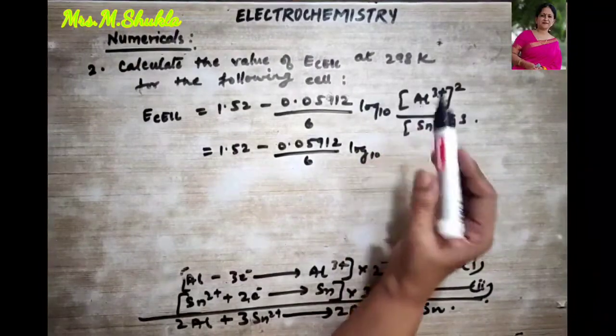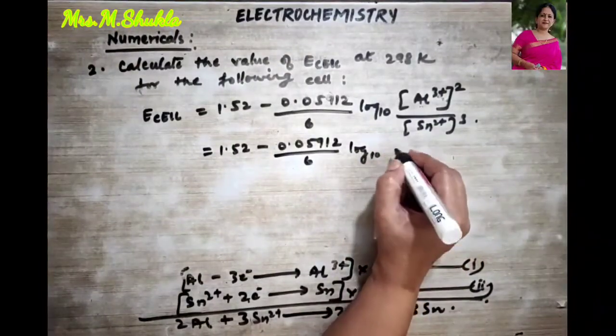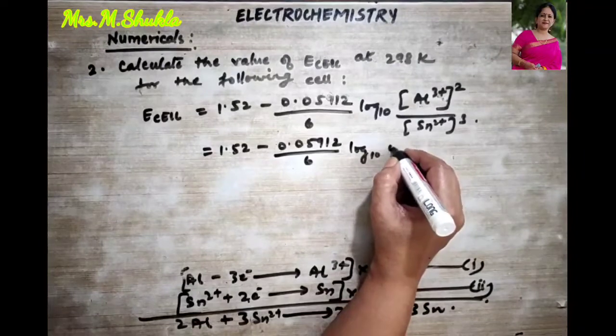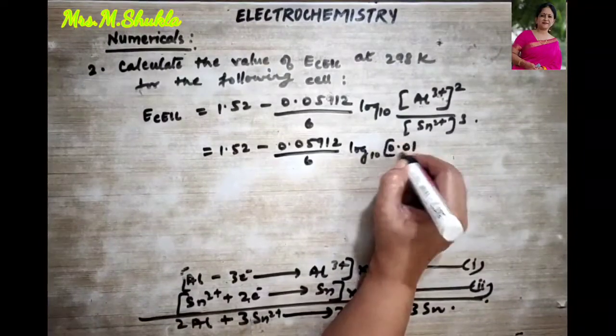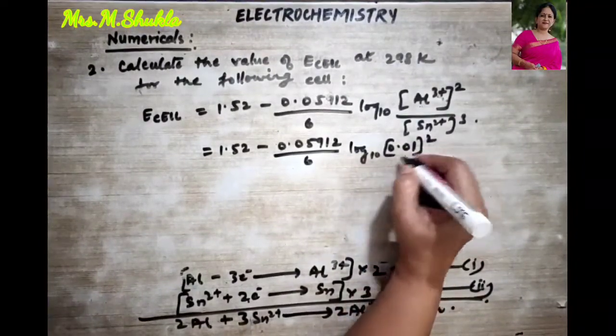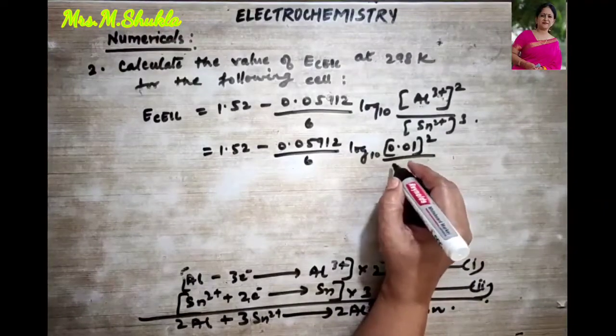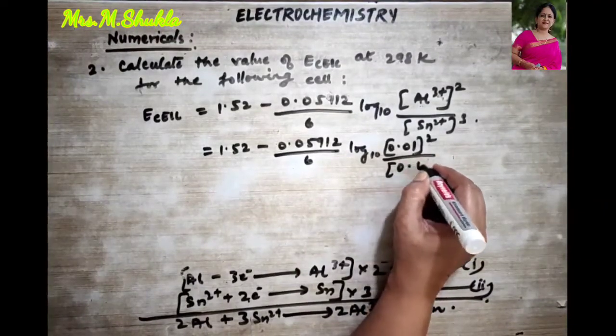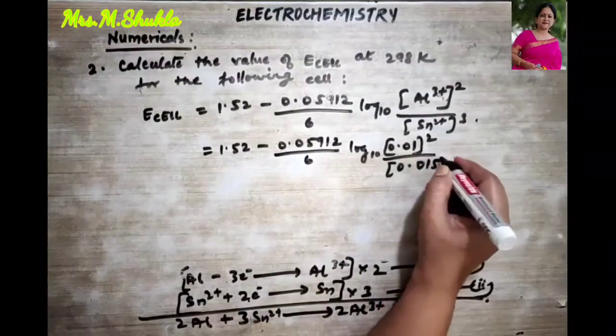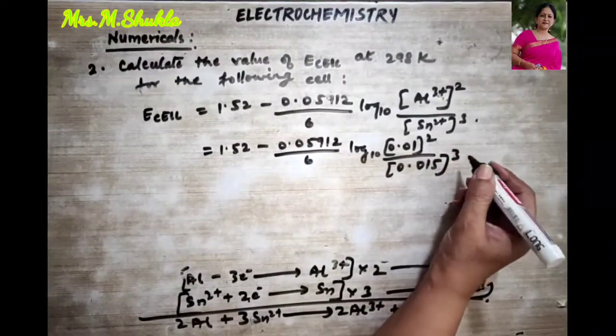The concentration given for aluminium was 0.01, to the power of 2, upon the tin ion concentration 0.015 to the power of 3.